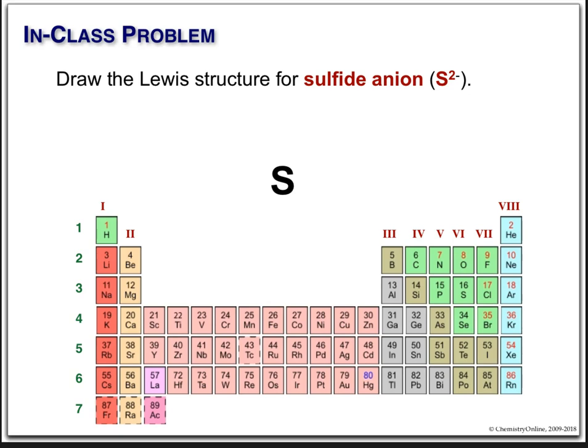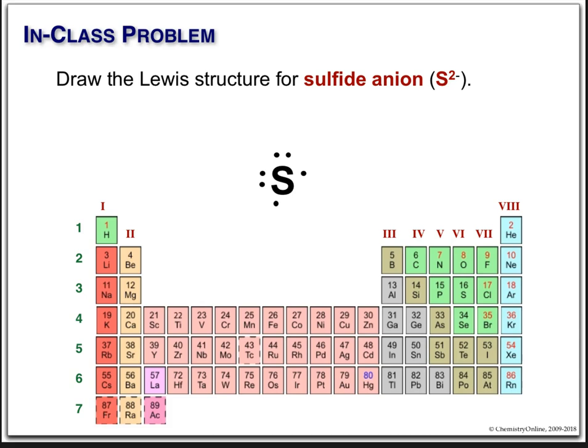Draw yourself an S and put 5 little dots around it. Six dots. I'm sorry. I'm too close to the thing here. I can't quite see very well, can I? It's in group 6, not 5. So it has 6 valence electrons. 2, 4, and 2 singles. Right?